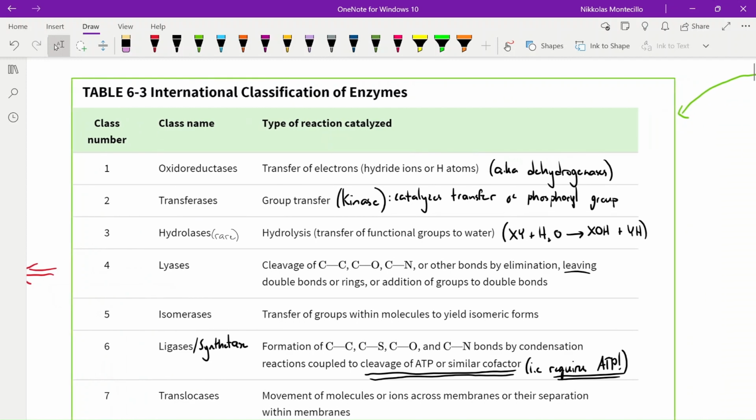The second enzyme class that participates in reactions in cellular respiration is transferases. These enzymes facilitate the transfer of a functional group from one molecule to another. The particular type of transferase that we're interested in are kinases, which are transferases that catalyze the transfer of a phosphoryl group.